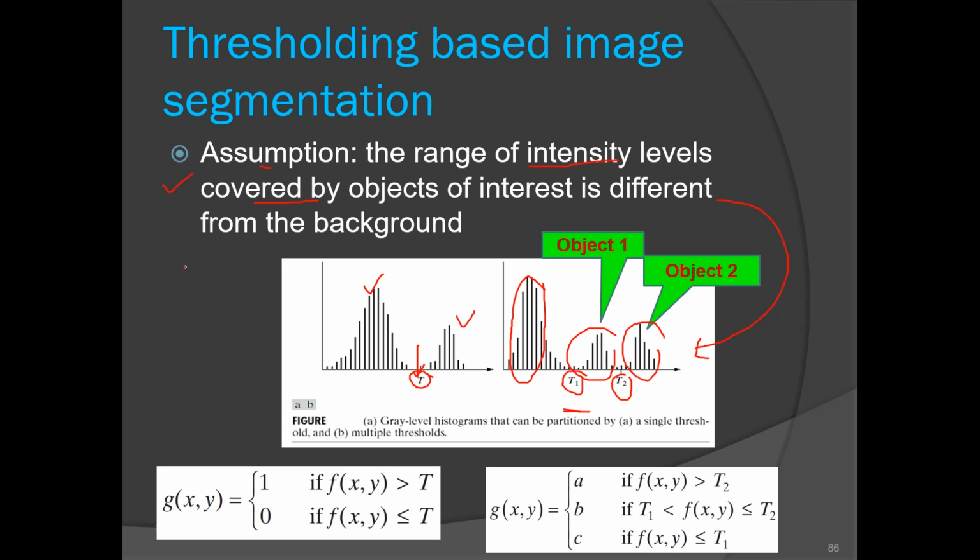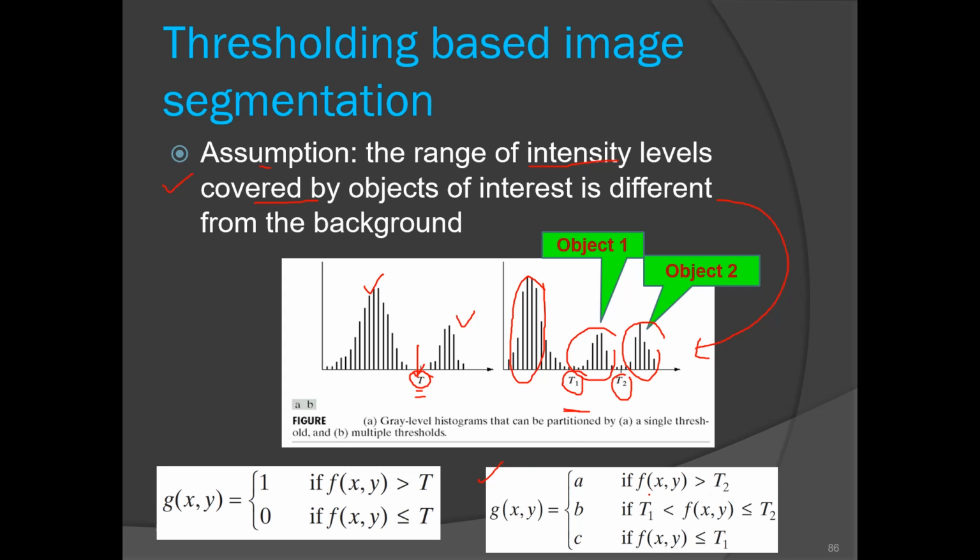Just like a global variable and a local variable, a global variable is visible to all the functions, right? Similar to that, this global threshold will be applicable to all the pixels. And if we set multiple thresholds in an image, that is known as multiple thresholding, and this will be the equation for it.